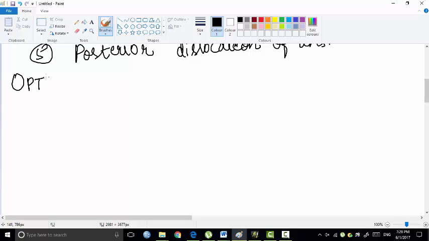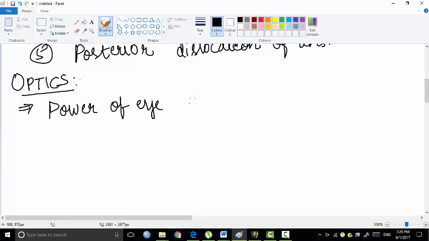So what are the optics of an aphakic eye? What happens if there is aphakia? As I have already mentioned, there is hypermetropia, then the power of the eye is decreased to plus 44 diopters. Normal power of the eye is plus 60 diopters, so it is decreased to plus 44 diopters.